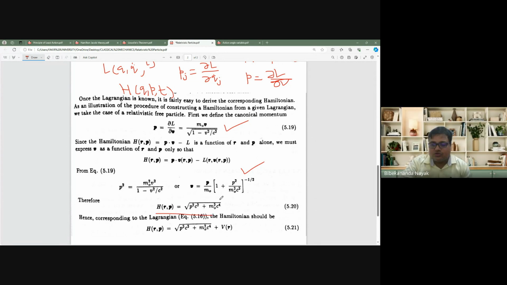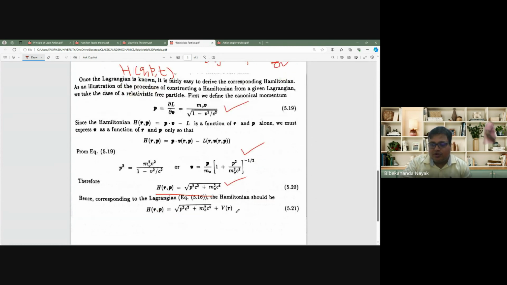H is equal to the square root of P square C square plus m0 square C to the power 4. Similarly, if a potential is present, H is equal to the square root of P square C square plus m0 square C to the power 4, plus V of r.